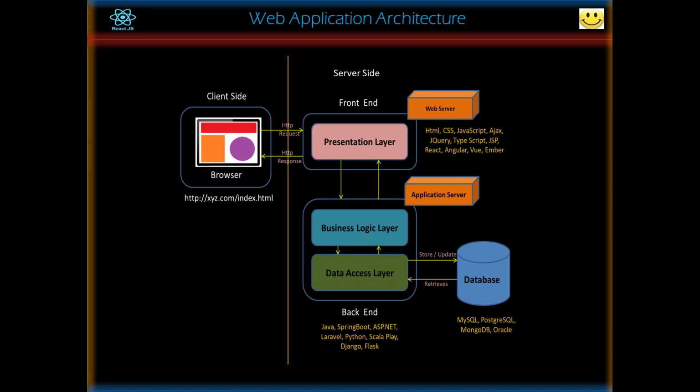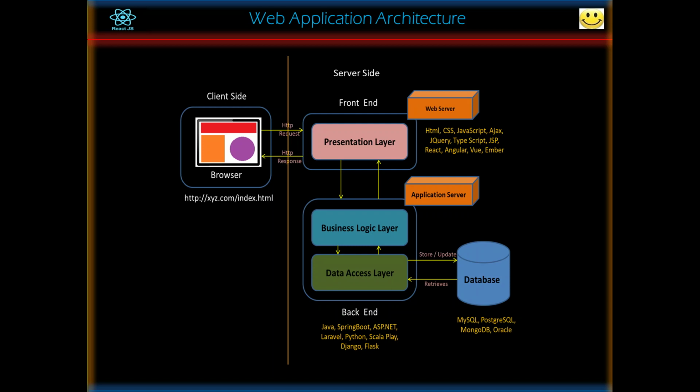Web application architecture. This diagram shows the web application architecture. On the left hand side of the diagram, you can see the client side, which has a browser, or it could be a mobile phone. On the right hand side, you can see the server side.